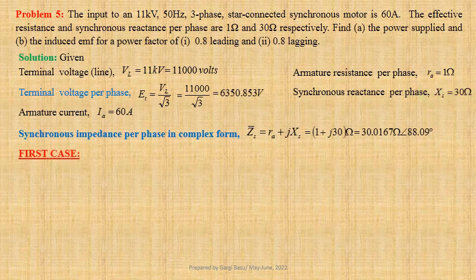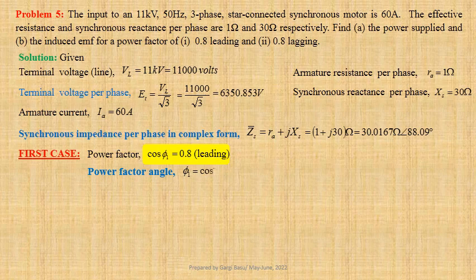First case, when operating power factor cos phi 1 equals 0.8 leading, power factor angle phi 1 equals cos inverse 0.8, that is 36.8699 degree.